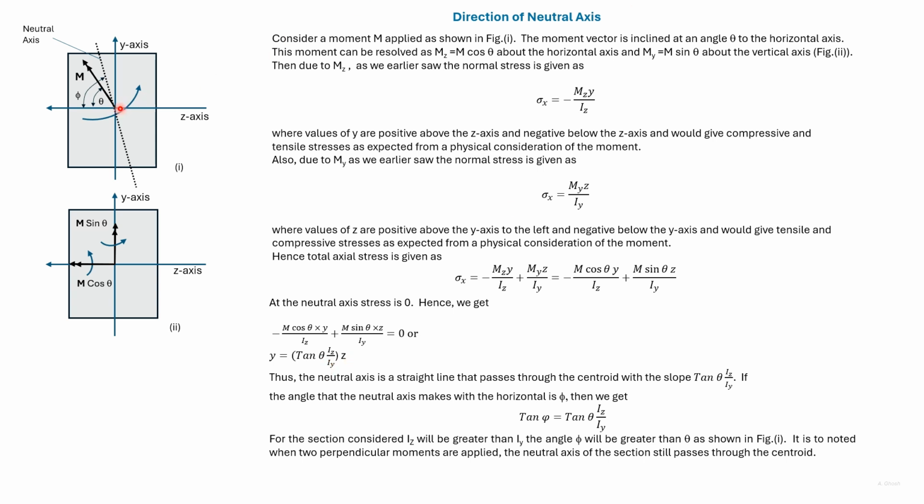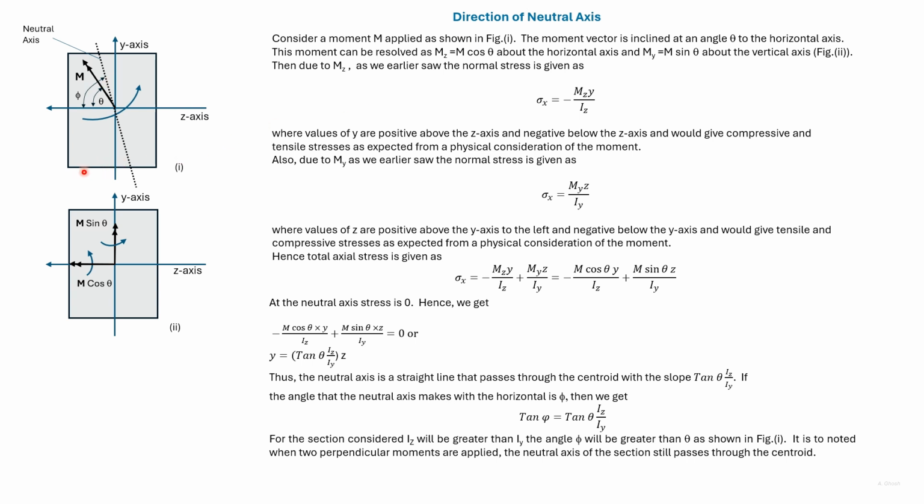Now, if the neutral axis makes an angle phi, then tan phi is equal to tan theta Iz divided by Iy. In this section shown, Iz will be larger than Iy, which means that phi will be larger than theta, which is shown in the diagram here.